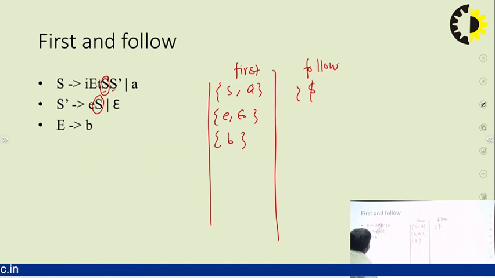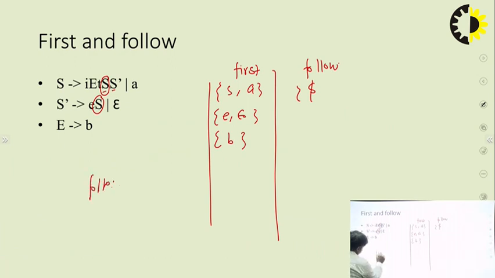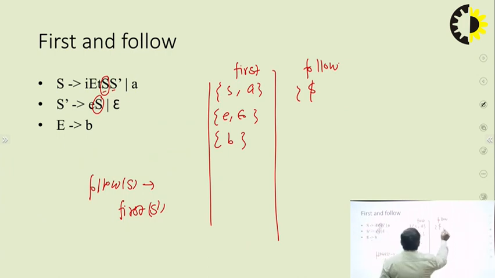Then what is the follow of S? Follow of S is equal to the first of S dash. What is the first of S dash? E. And the first of S dash is E and epsilon. And when we put epsilon here, this one is blank.